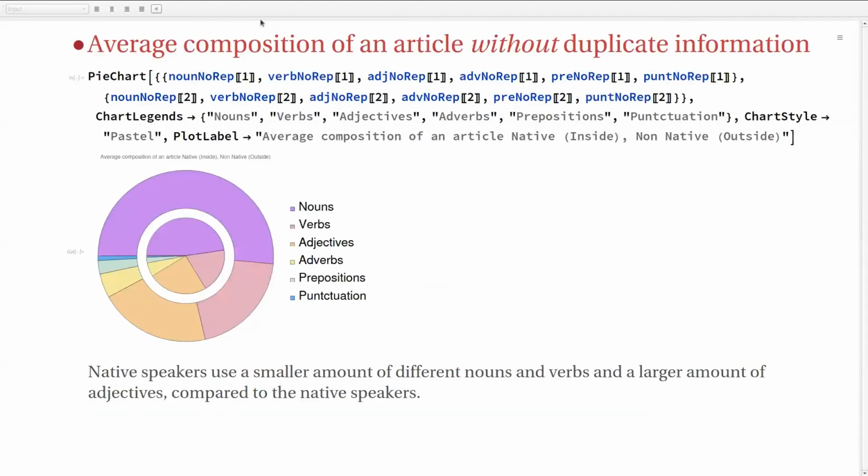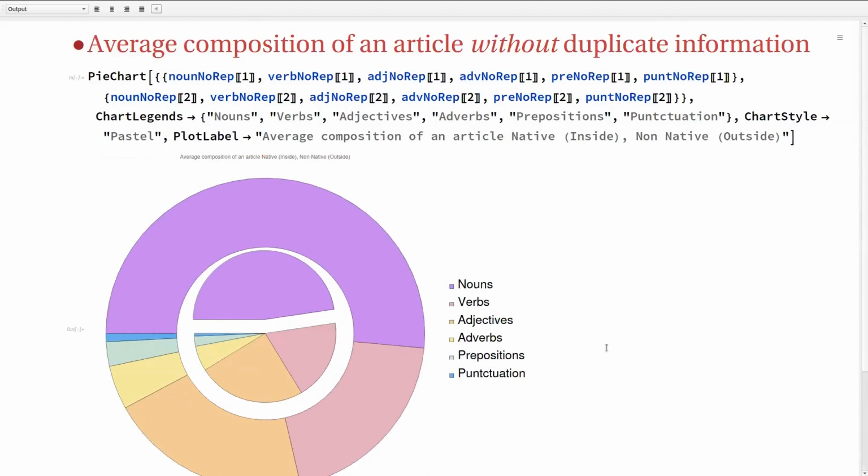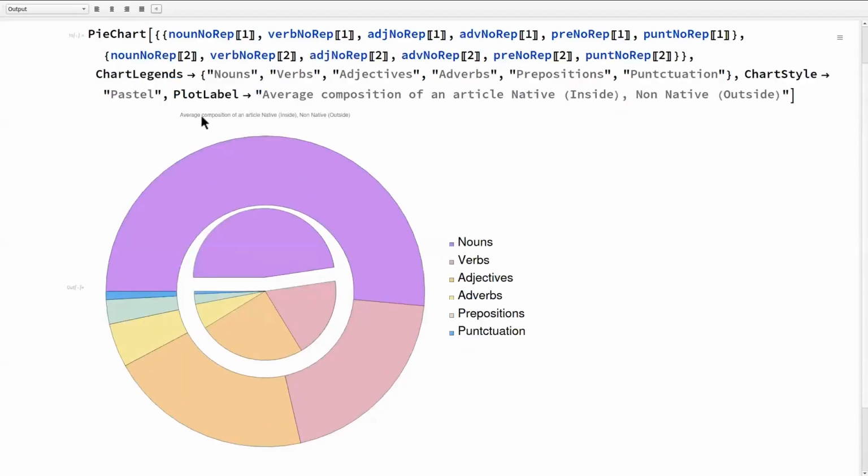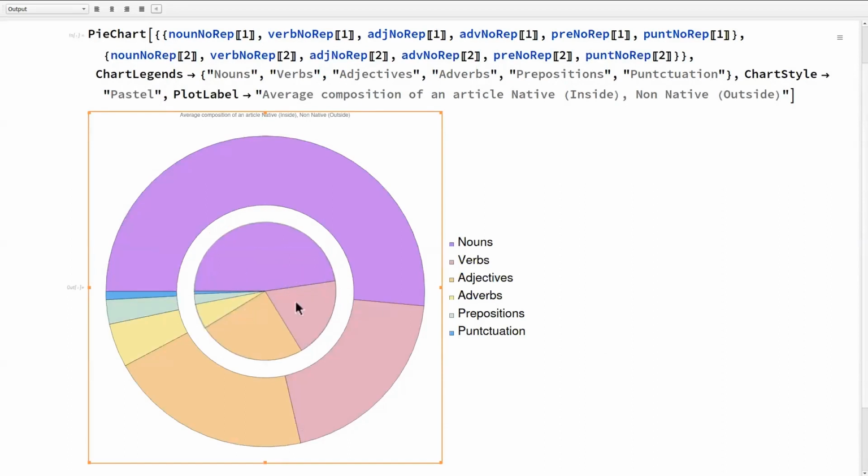Our second graph is the average composition of an article without duplicated information. So let's make it bigger here. The average composition of natives, that are inside, and non-natives, that are outside.